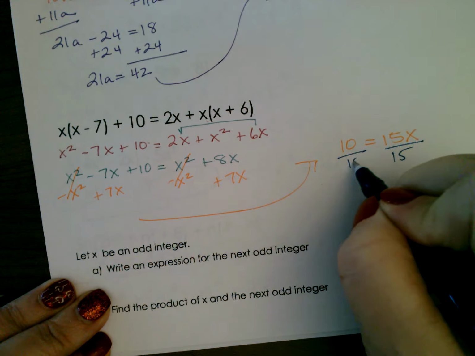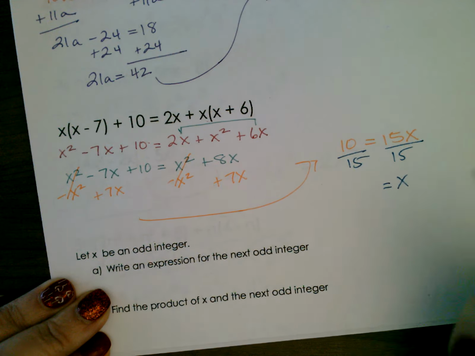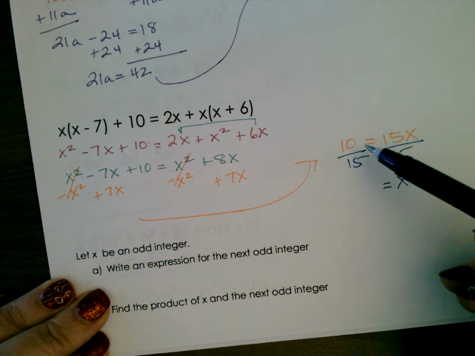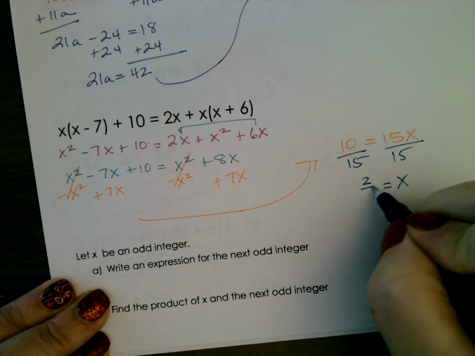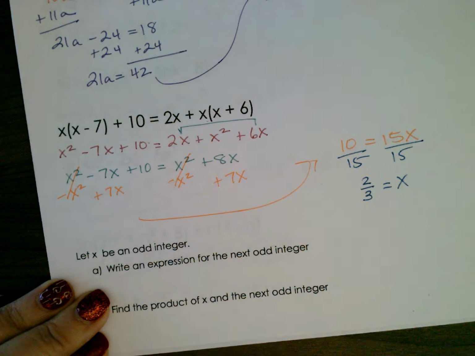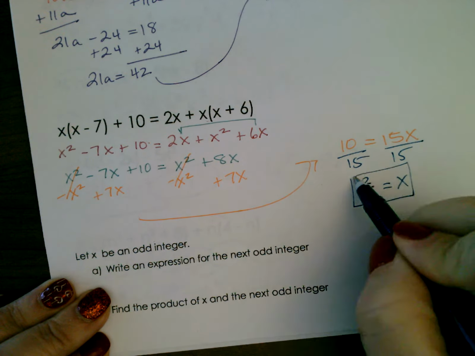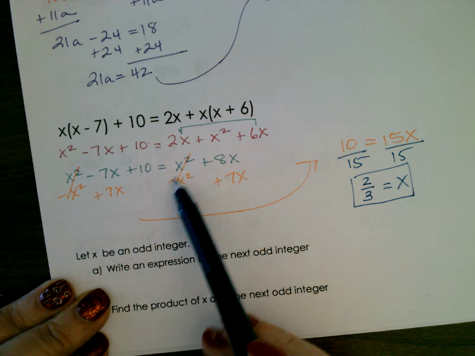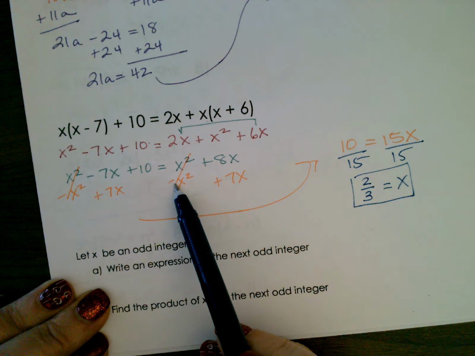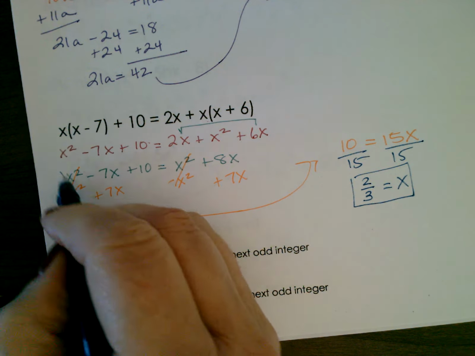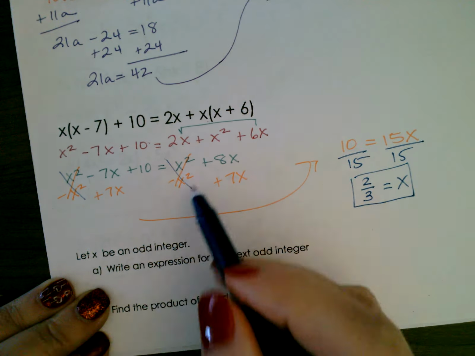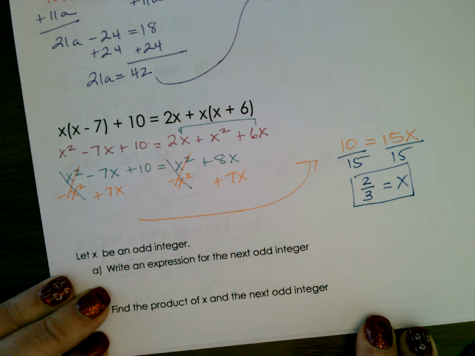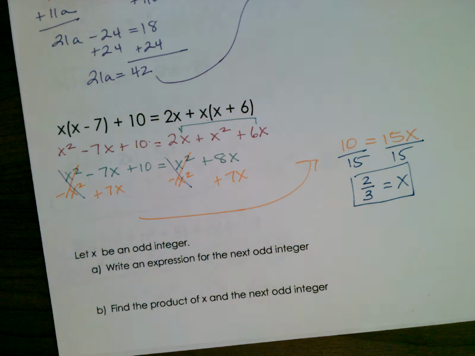We can handle it. Divide by 15, divide by 15. I'll just take the fraction and simplify it. I get 2/3. X equals 2/3. Remember, if you have a variable with an exponent, they need to cancel each other out. We aren't ready to solve with those yet.